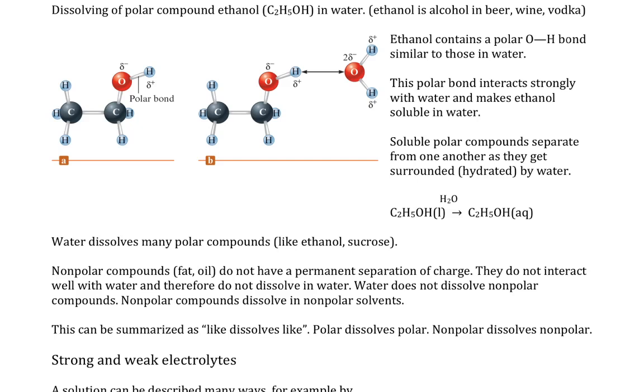C2H5OH liquid, because it's a liquid at room temperature, dissolving in water, forming C2H5OH aqueous, meaning it's still intact as a molecule. The molecule is not breaking down, like NaCl becomes Na+ and Cl-, separated from one another as they go aqueous. That doesn't happen with ethanol, but it does get surrounded by water molecules, so we no longer have a clump of ethanol molecules together.